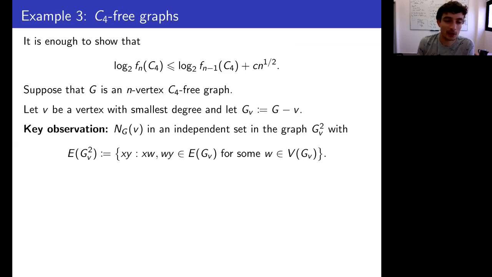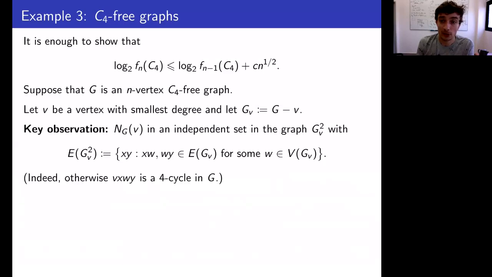So the edges of G_V squared are all pairs xy such that xw and yw are edges of G_V for some w. Now, why is the neighborhood of V independent here? Simply because if it was not independent, it means that we connected V to some x and y, but x and y have a common neighbor w, which means that Vxwy is a 4-cycle in G.